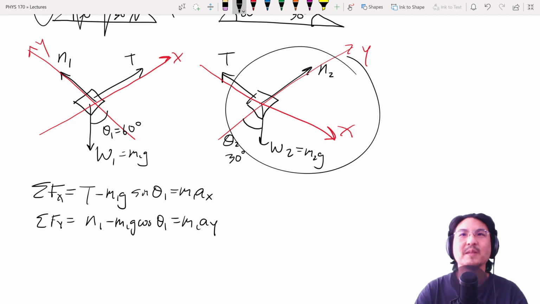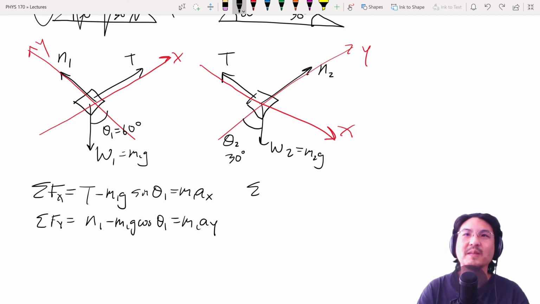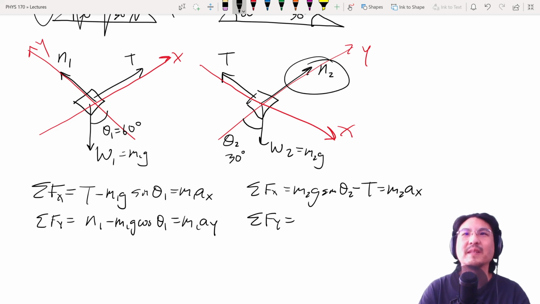And then for this one, in the x direction, x is here, so I got this and this. In the y direction, I got this and this.